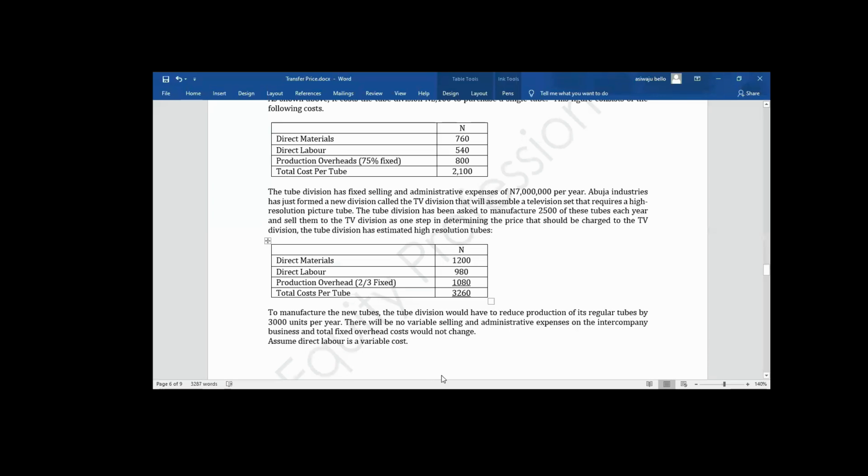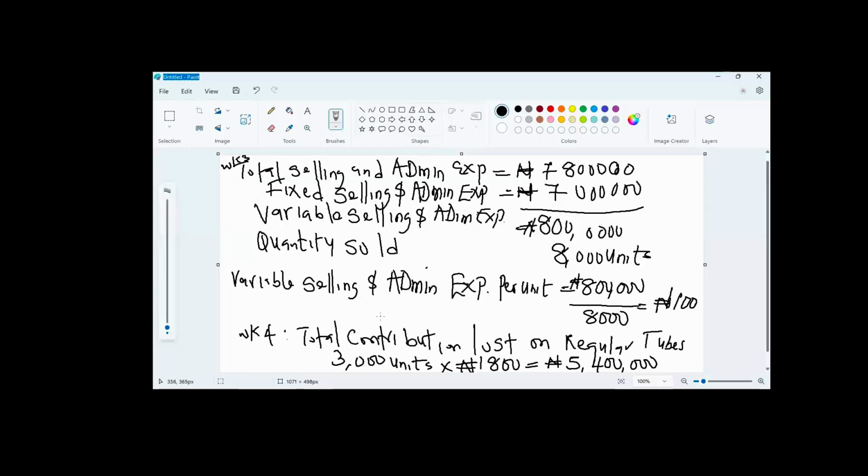Look at it here: 3,000 units multiplied by 1,800. Total contribution loss on regular tubes is 5.4 million. That is how we got the 5.4 million. It's clear, sir. Thank you. You're welcome. We are done with question 1.